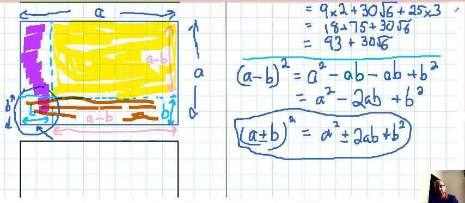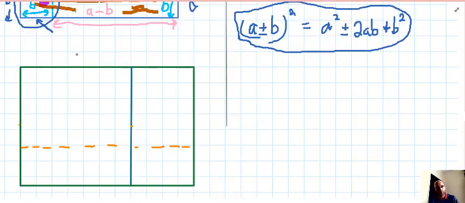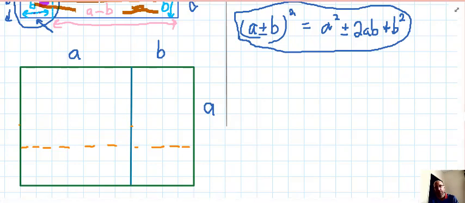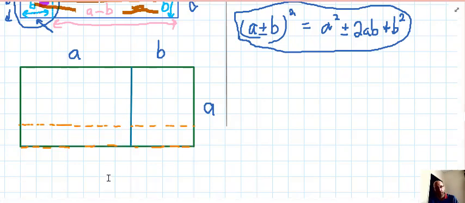Last one here, we've got a there and added on b there, and we've got another a going down the side, and then we've subtracted b off. I probably should put my drawing in better proportion like that. There we go. And so we've got a vertically as well, and then we've got a little b subtracted there, that vertical distance there.